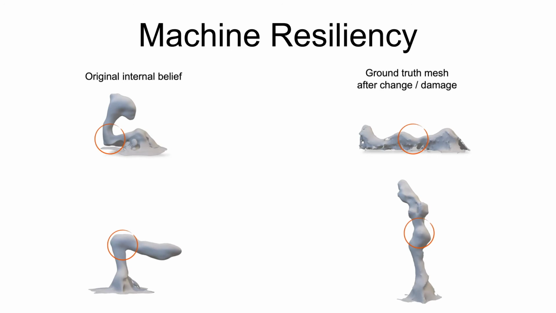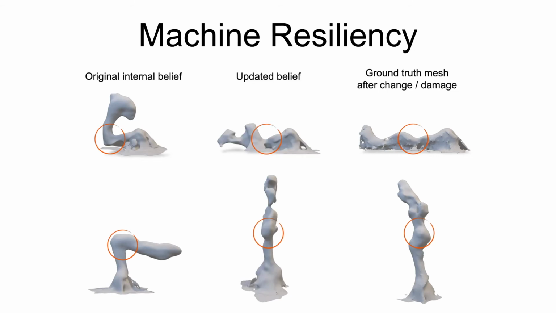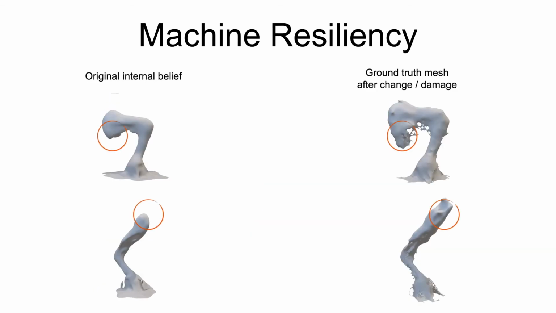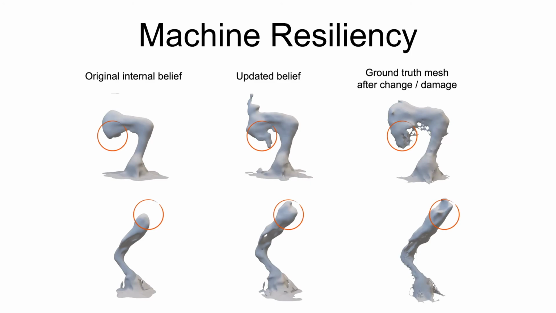With 50 new observations of its current morphology, the visual self-model updates its original internal belief to match the real-world observations on the right. Here, our visual self-model detected damage where the end-effector link was extended by a 3D printed stick. Similarly, the self-model updates its original internal belief to match the real-world observations after 8 minutes of training on 50 examples.